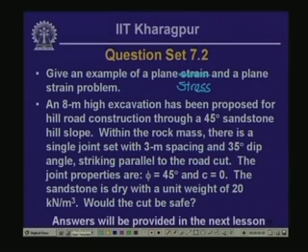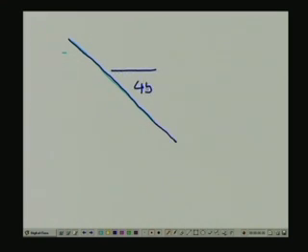So you have to actually look at the cross section in this particular case. So what I say here is really you have got a hill slope which is inclined at 45 degree to horizontal, and you want to cut an 8 meter high slope.